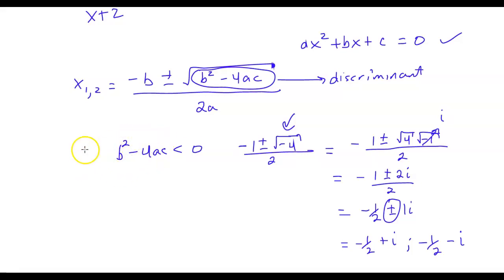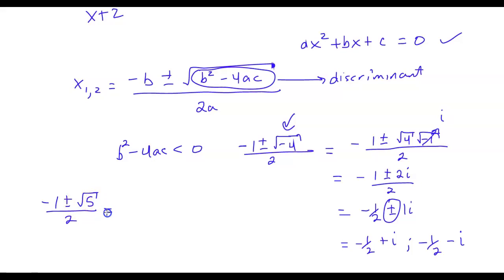The same sort of thing happens if we had a situation where, let's say, our discriminant here is greater than 0, but it's not a perfect square. So again, let's say if we had something like this. In this case, we see that our discriminant is greater than 0, which means we're going to get two real distinct numbers.